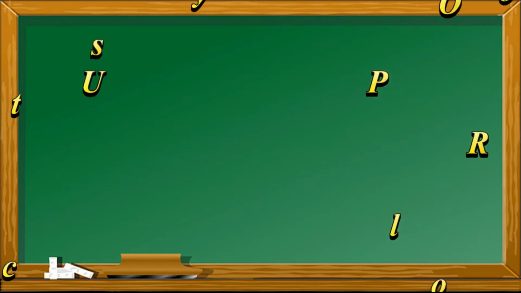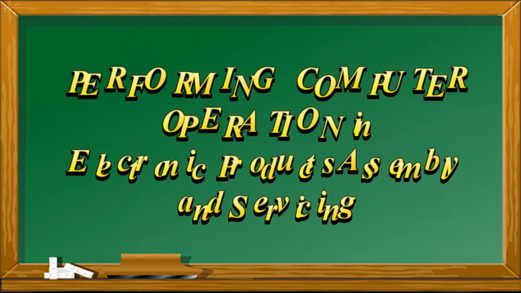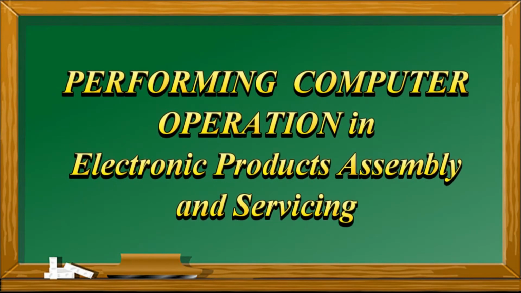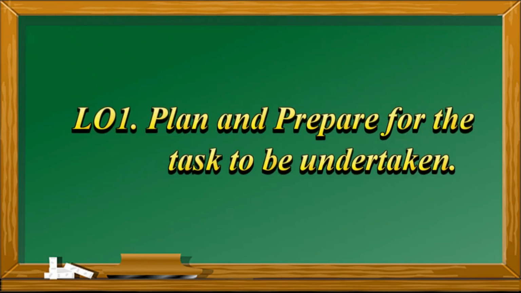Our lesson for today is about performing computer operation in electronic products assembly and servicing. I will repeat. Our lesson for today is about performing computer operation in electronic products assembly and servicing, with learning outcome number 1, plan and prepare for the task to be undertaken.